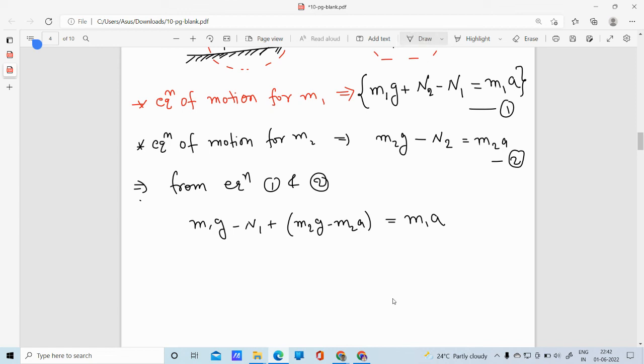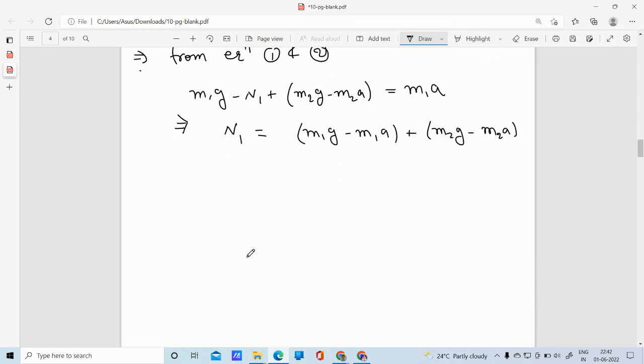Now we can write the value of N1, which is equivalent to M1g minus M1a plus M2g minus M2a. So after simplifying, N1 is M1(g minus a) plus M2(g minus a).